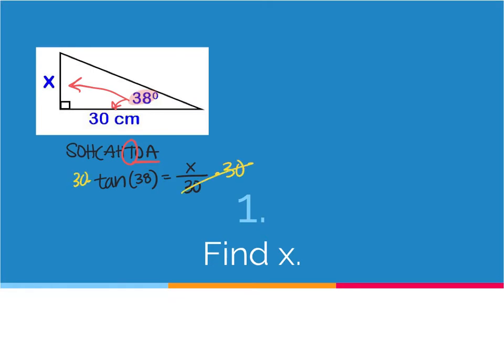The 30s cancel, and I have 30 times tangent of 38 equals x. I'm going to put this into my calculator: 30 times tangent of 38, I get x to equal 23.4 when I round to the nearest tenth, centimeters.